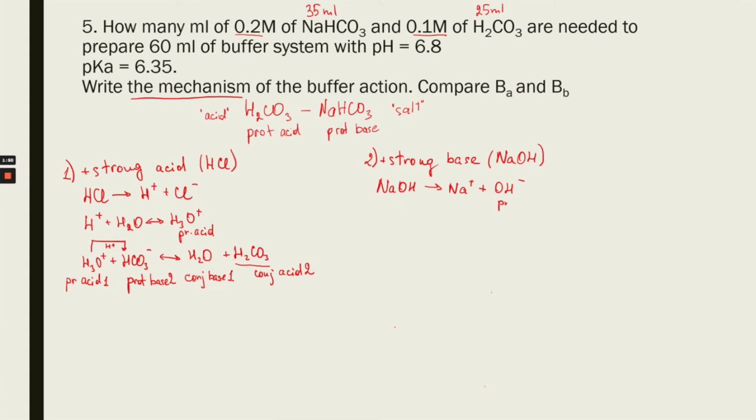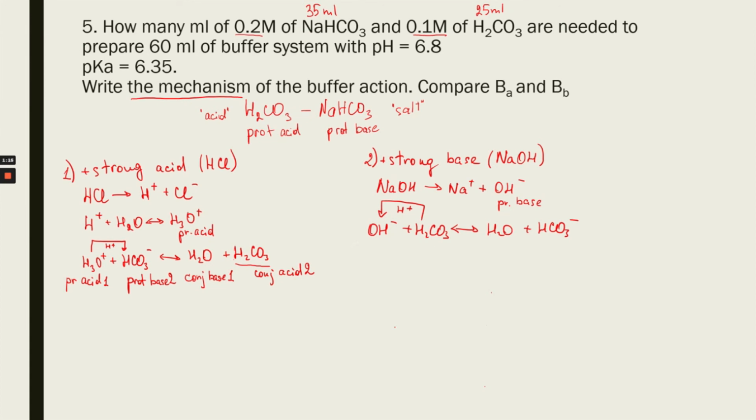So this is proteolytic base, and it will interact with proteolytic acid, which is H2CO3. OH- plus H2CO3. We write H2CO3 as a molecule because it basically exists in form of molecules. It is a weak electrolyte. So here again we got water and hydrocarbonate ion. So the proton goes from here to here.